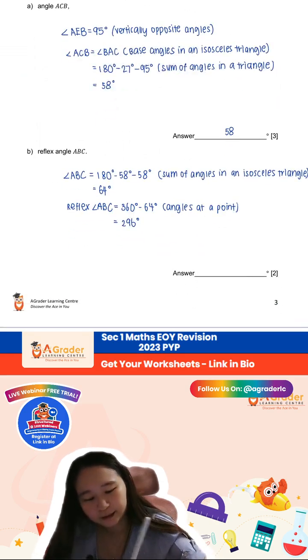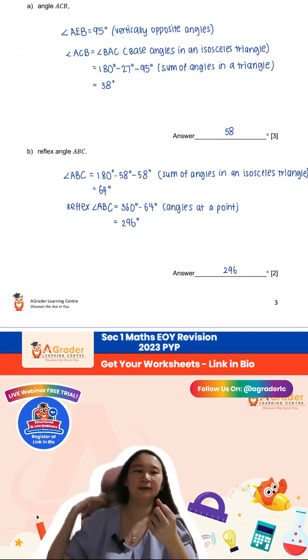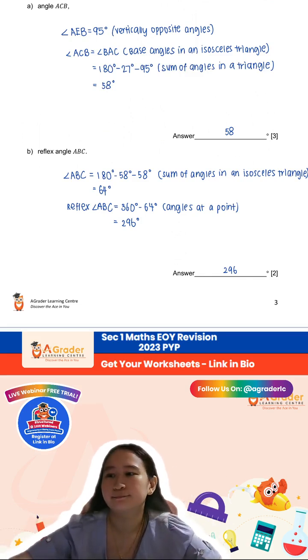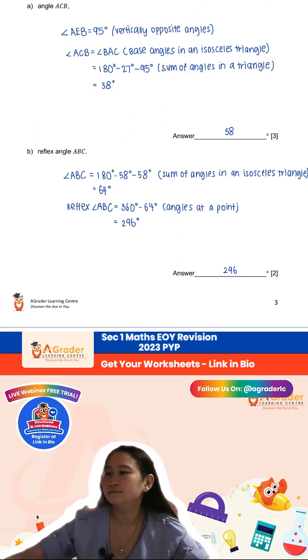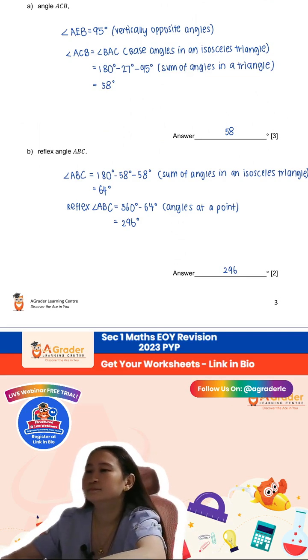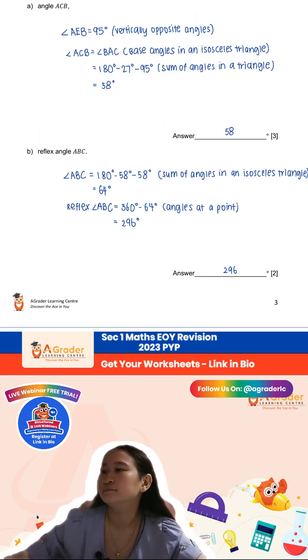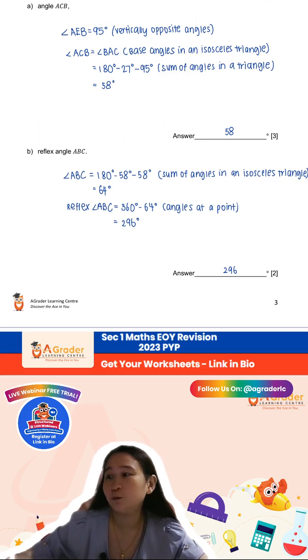Okay, then we get 296 degrees. Yep, I see quite a few correct answers here. Those who are done can move on to question 4.